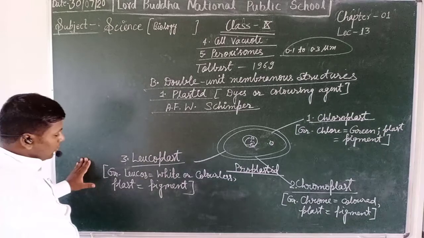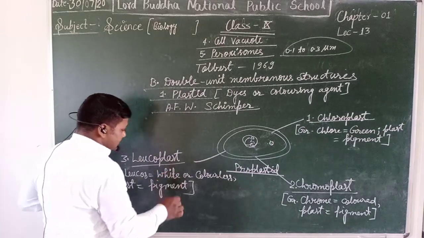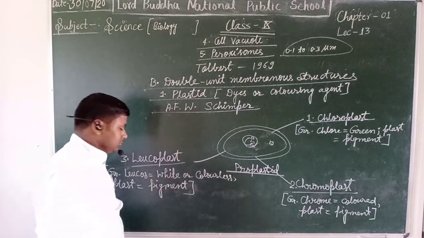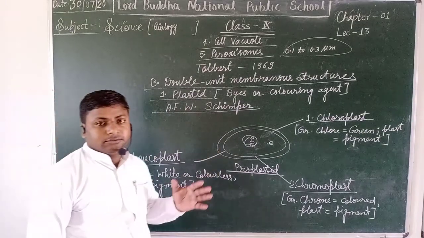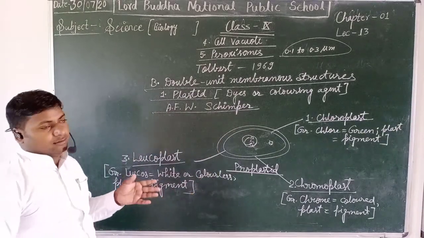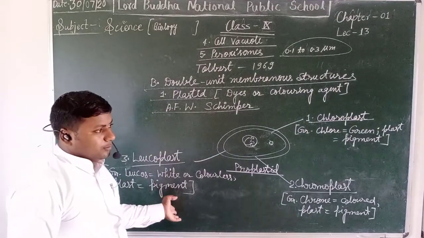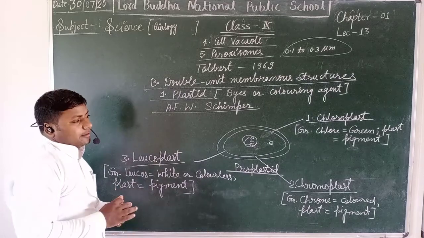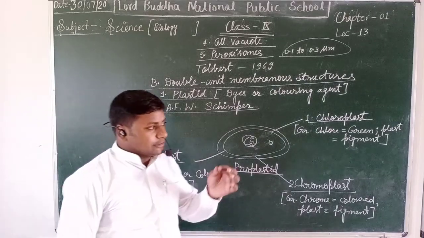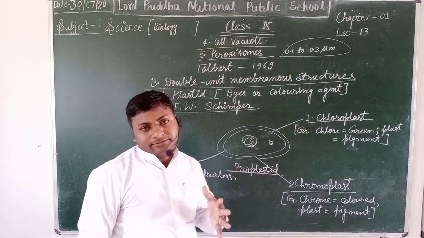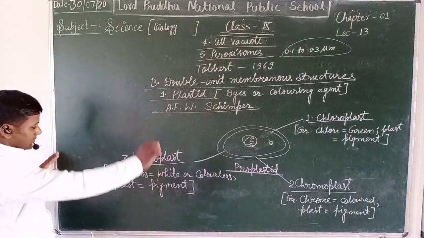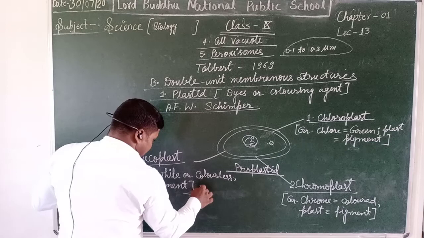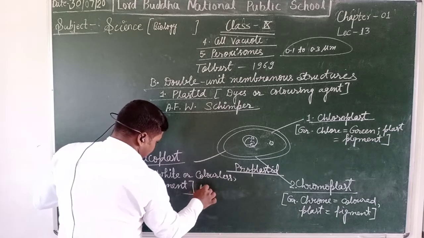Thus, students, leucoplasts are white or colorless plastids, and they are mainly found in the seeds of all types of plants, on the basis of storage of specific types of substances. The leucoplasts are next classified into three types.